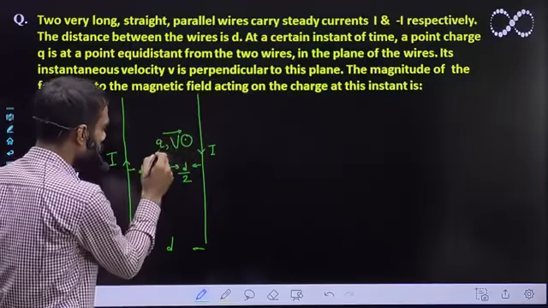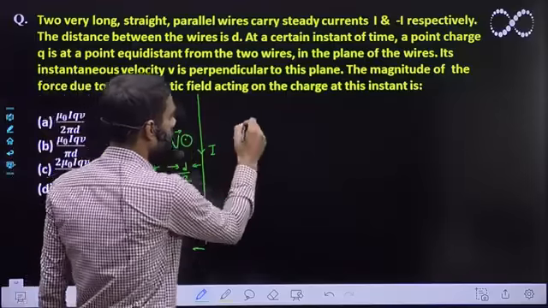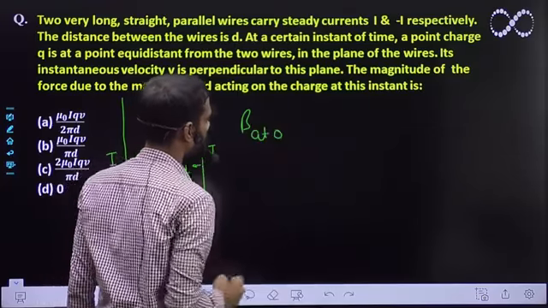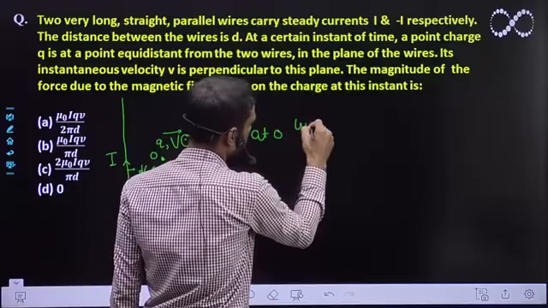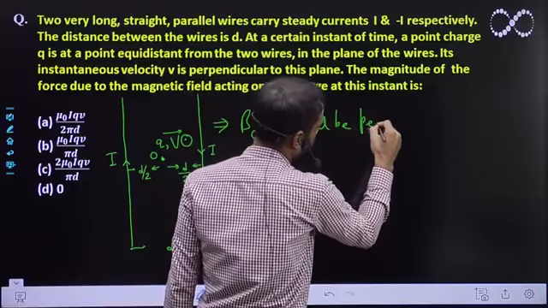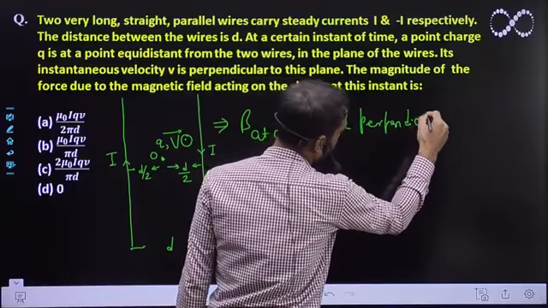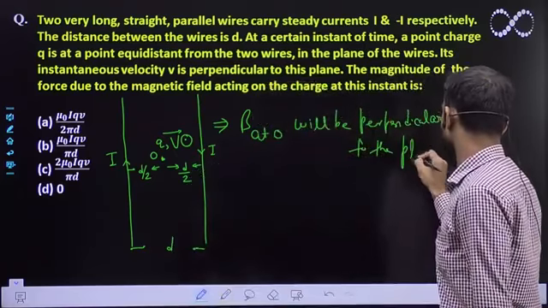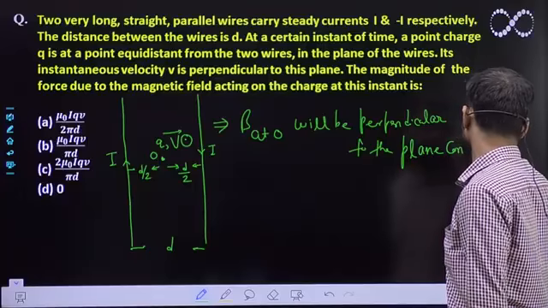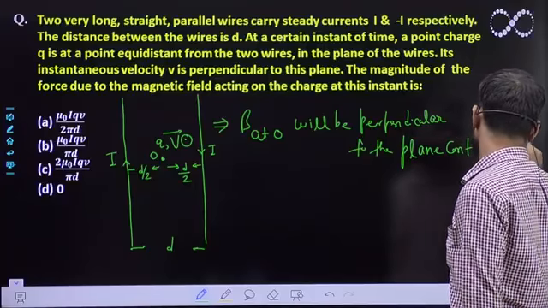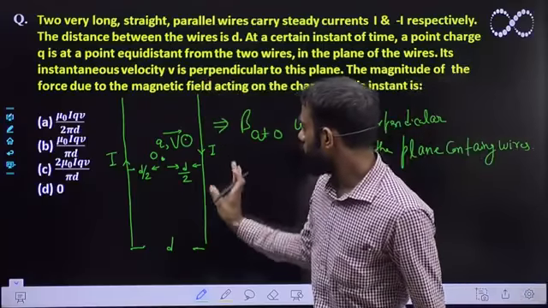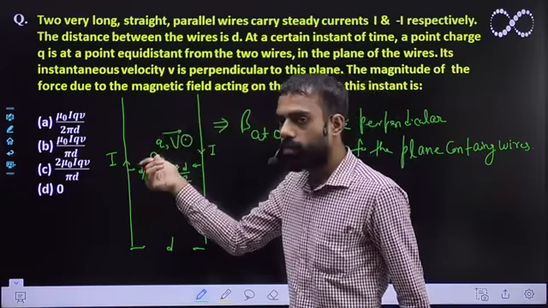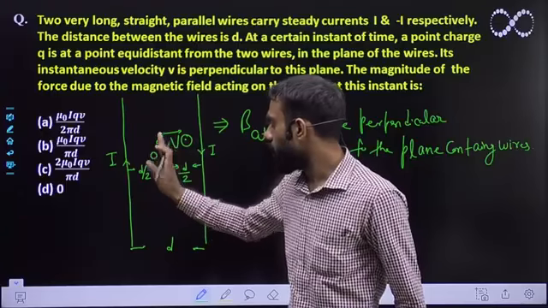So one thing is sure; let us call this point O. The magnetic field at O will be perpendicular to the plane containing the wires, because for both the wires the field will be perpendicular to the plane. So the summation of both the fields will be perpendicular to the plane only.